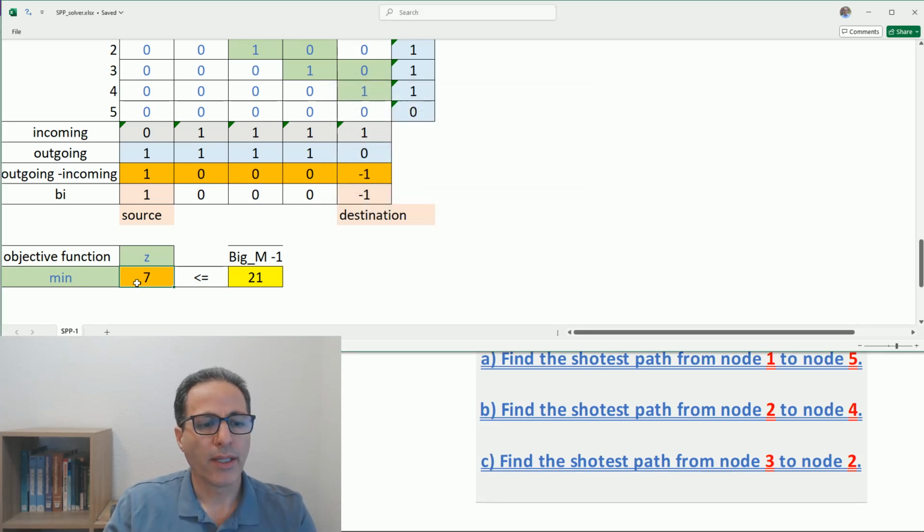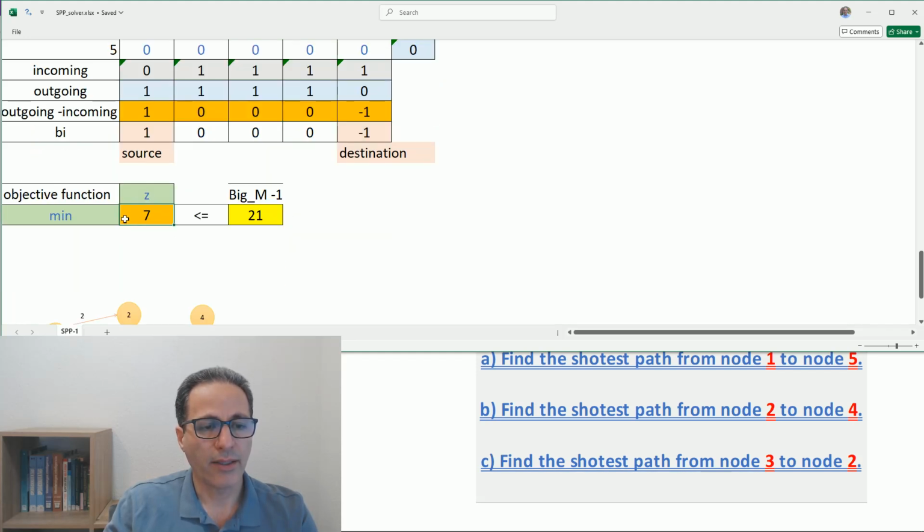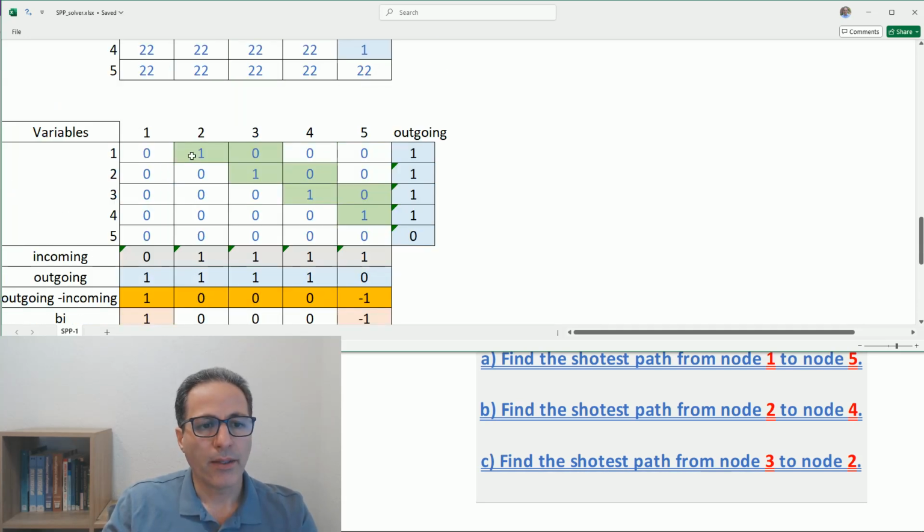Okay. Now this is the total cost, but what is the solution? Let's look at this green part. We can see that in the white part, we are not going to have any ones based on this condition that the objective cannot be greater than or equal to big M. Now from these ones, we can see that we are coming to 5 from 4.